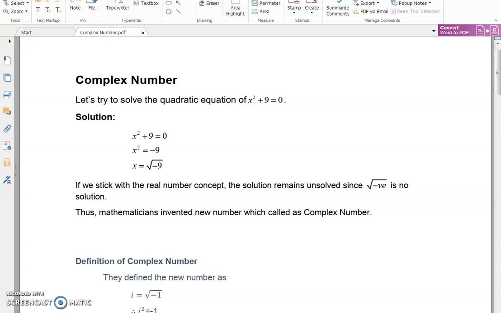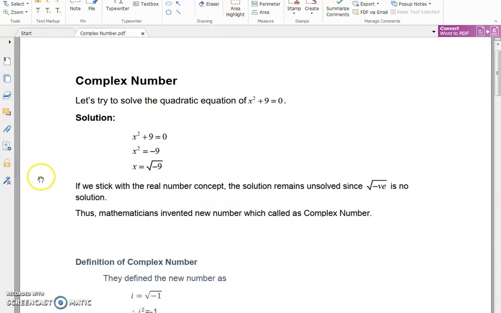When we talk about the types of number, we have two types.